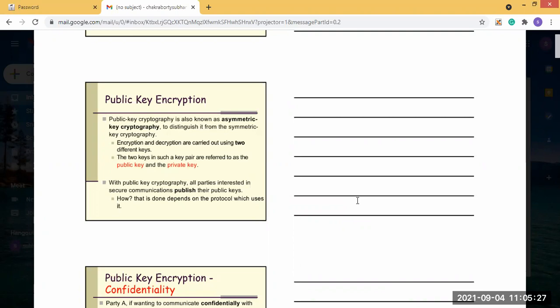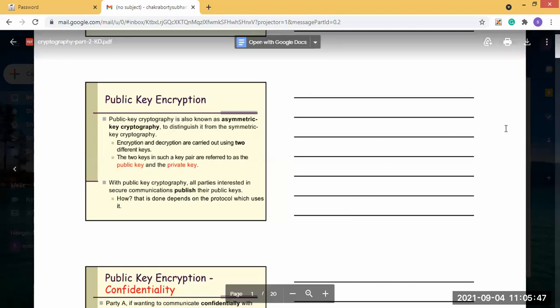They use asymmetric key cryptography, so all the parties will have a public and a private key, and they will publish their own public keys. How that is done depends on the protocol which uses it.